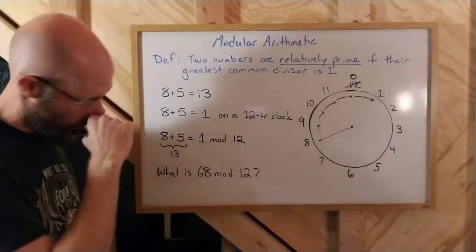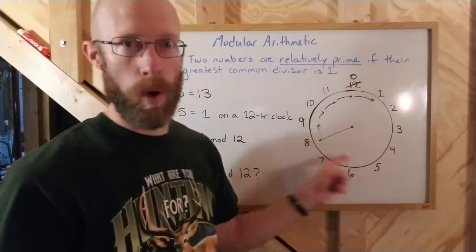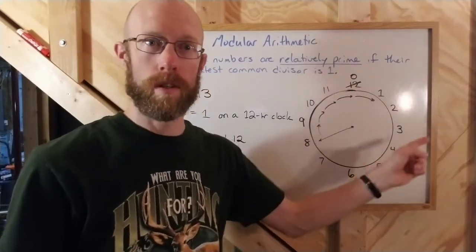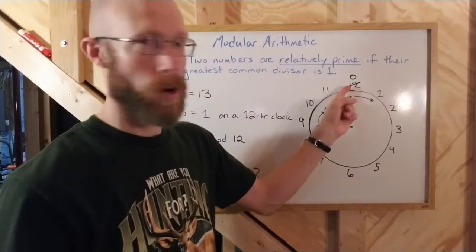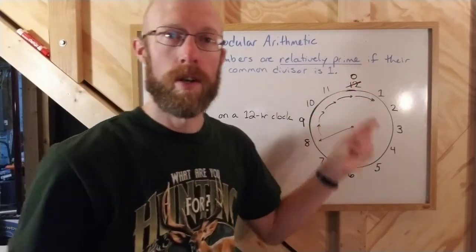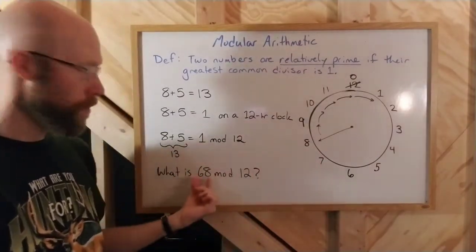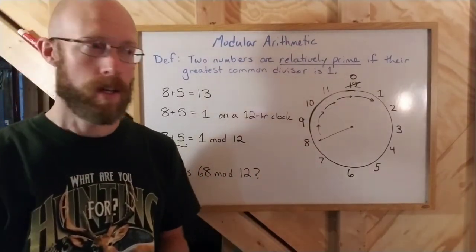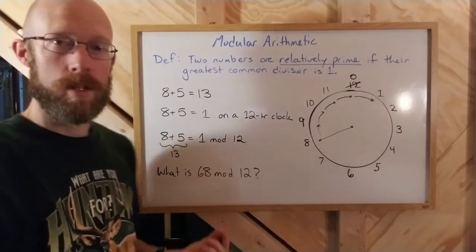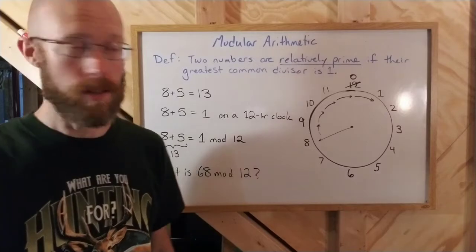And so the answer to that question is, first of all, you've got to pull out all of your 12s, right? Every time you go around 12 times, or every time you hit a 12, you start over at 0. So you can essentially divide out all chunks of 12 from that 68, okay? So the nearest multiple of 12 to 68 that's less than 68 is 60, right?